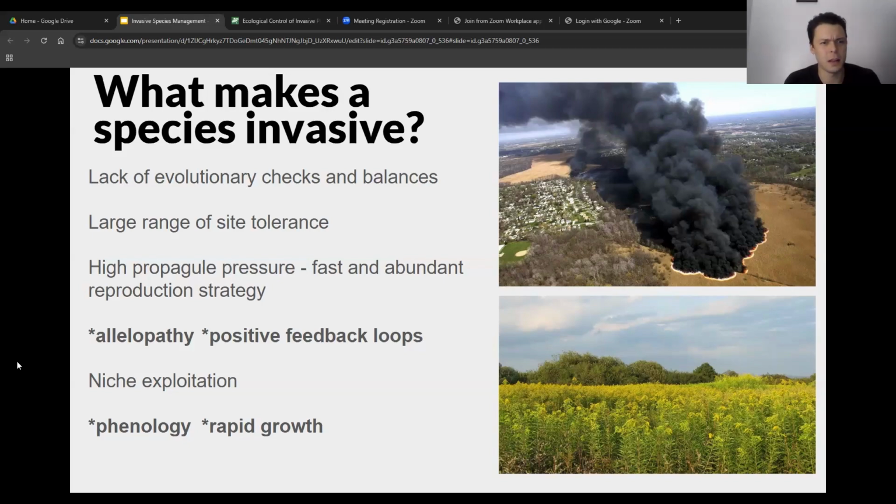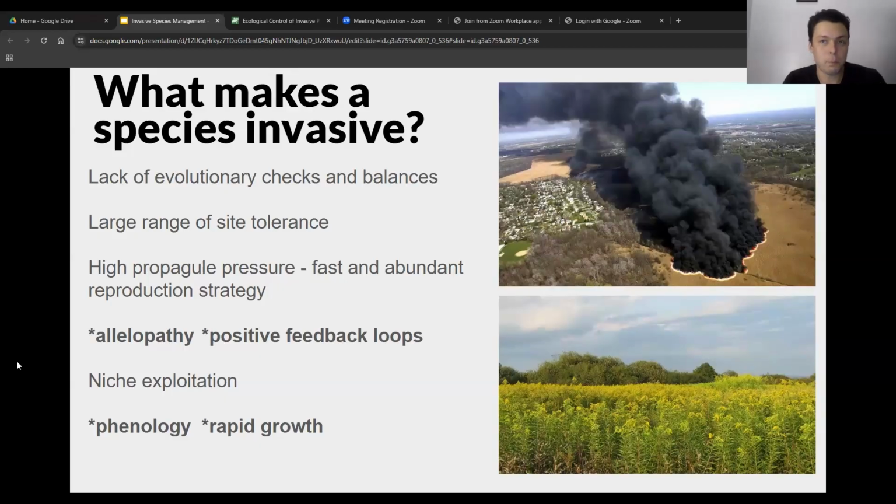So we want to talk about what specifically makes something a successful invasive plant. As Allison said, in order to be classified as invasive, it has to have originated on, usually we say, a different continent. Sometimes it could be on a different side of the same continent.